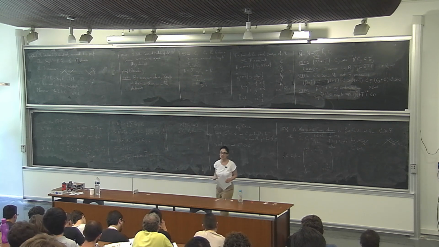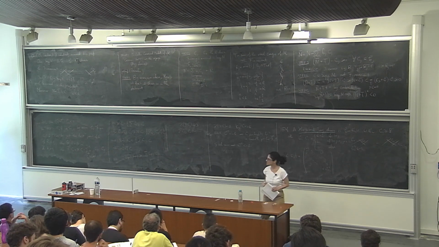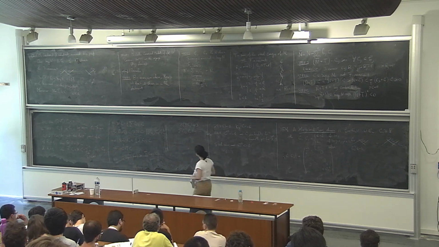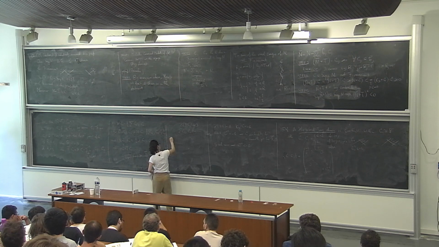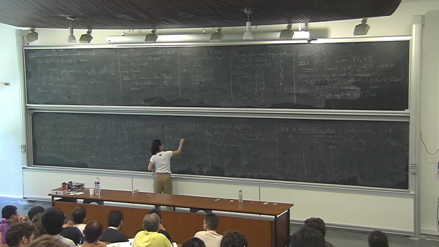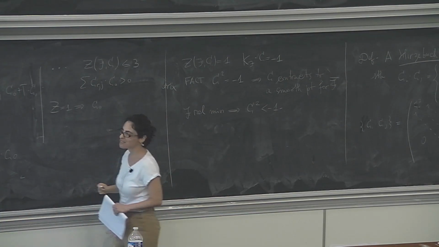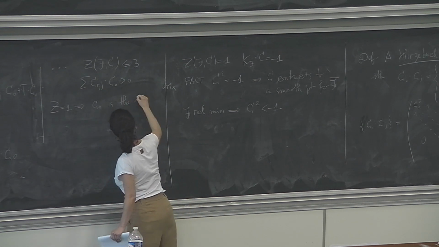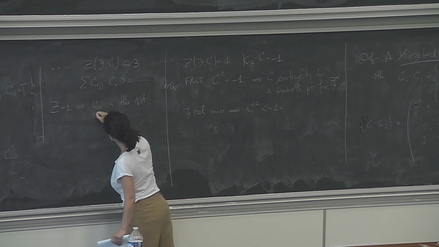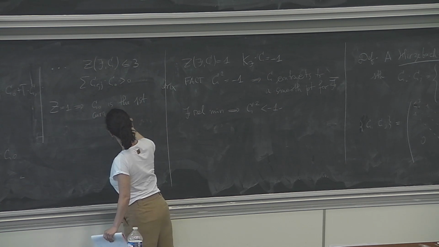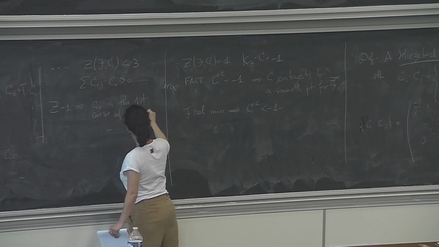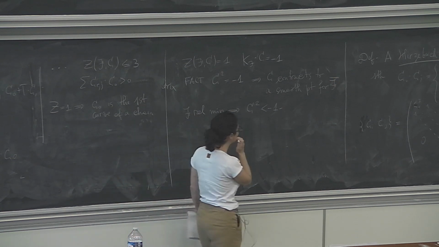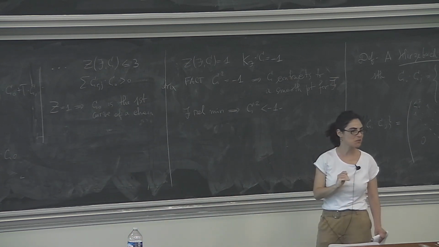And now we don't have many possibilities. So if Z is 1, then C0 is the head of a chain. But this is a contradiction with one of the steps, step 3.